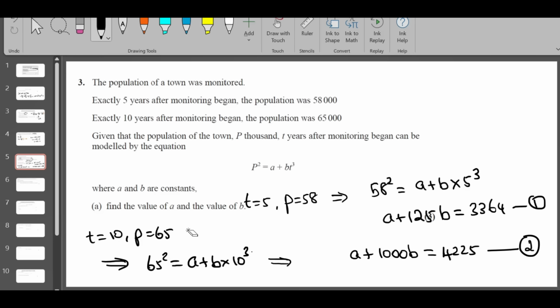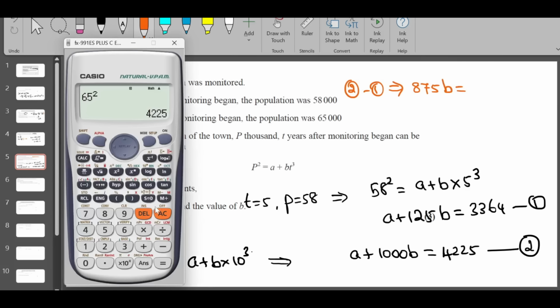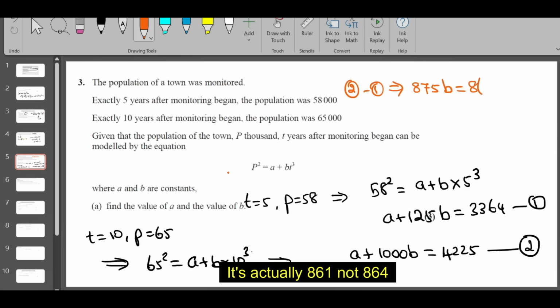Now you can just solve them using your calculator, but you still need to show the working. So what I'm going to do, I'm going to do equation 2 minus 1. So A will be cancelled. 1000 minus 125 is 875 B, which is 4225 minus 3364, which is 861.